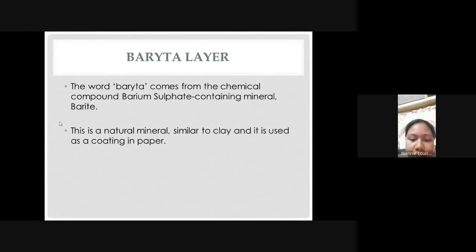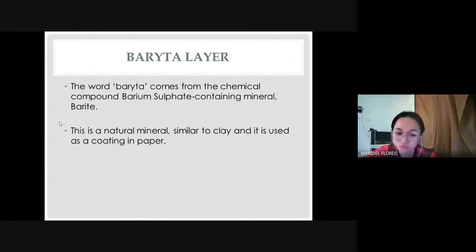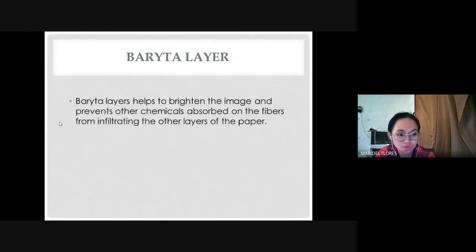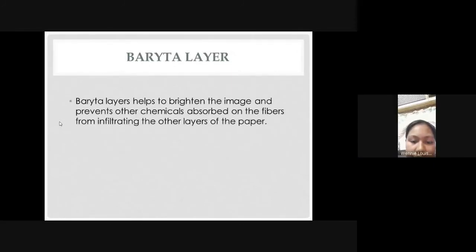Baryta layer. The word baryta comes from the chemical compound barium sulfate containing mineral barite. This is a natural mineral similar to clay, and it is used as a coating in paper. Next. Baryta layers help to brighten the image and prevent other chemicals absorbed on the fibers from infiltrating the outer layers of the paper.